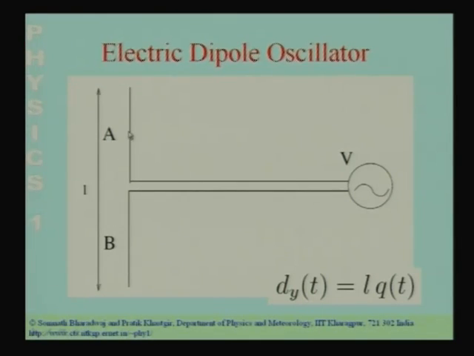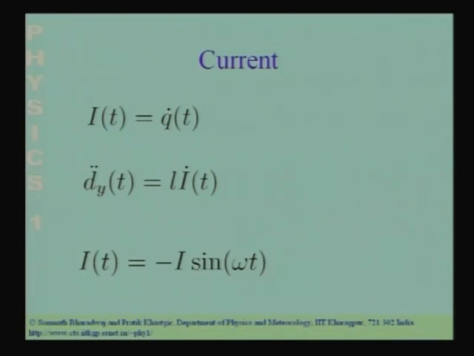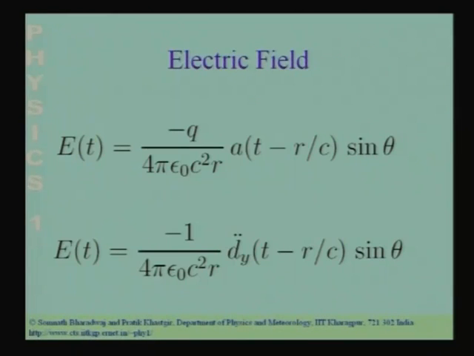Now, when charges move, you have a current. The current is the rate of change of the charge, the rate at which charge flows. So, it is the rate of change of the charge at the two tips. And the rate of change of the dipole, the second derivative of the dipole, is what you have in this expression.